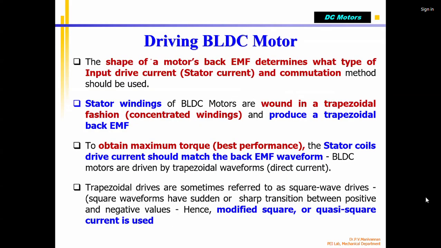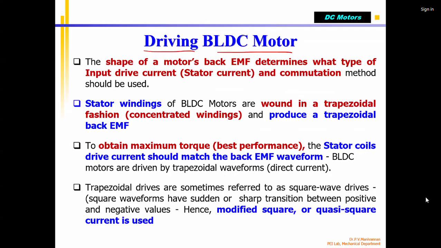So now, going further and deeper into this, how to drive a BLDC motor, correct? If you see the functionality of BLDC, it is similar to a permanent magnet synchronous motor. Already we talked about it in 3 to 4 previous classes, correct? So it is exactly the same as the BLDC motor.